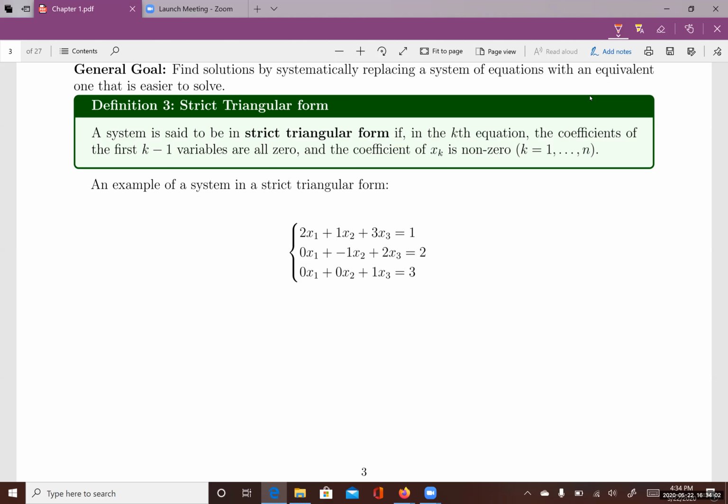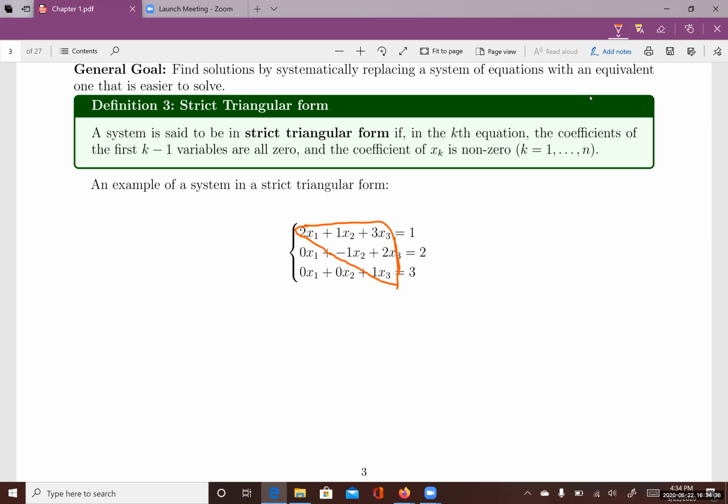So the definition of strict triangular form is a system of linear equations whose coefficients appear as a triangle. So this is a triangle here. All the coefficients in this triangle are non-zero, and all the coefficients outside of this triangle are zeros.